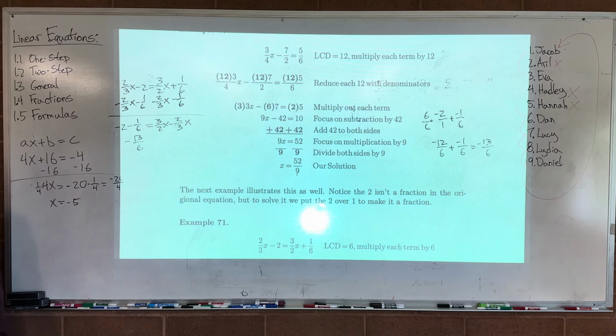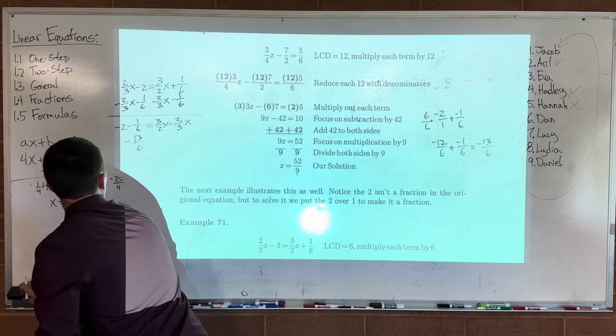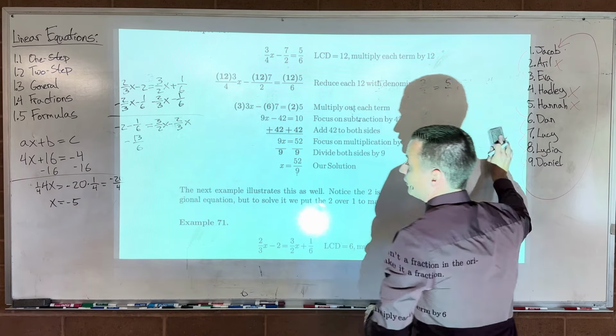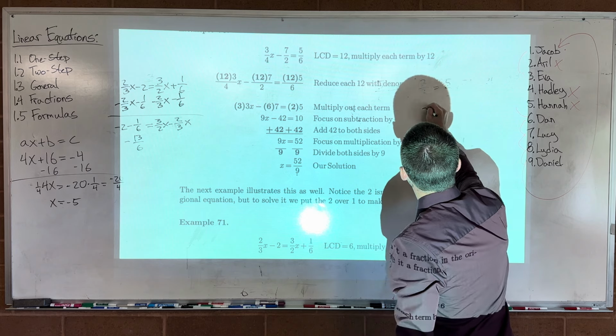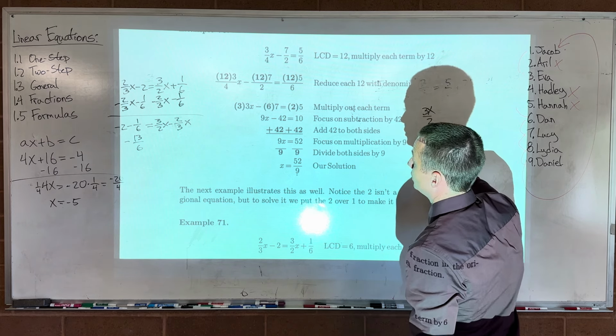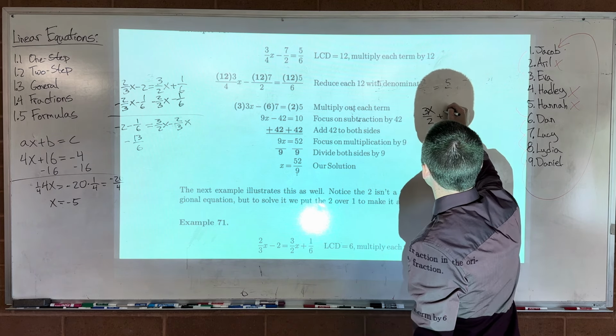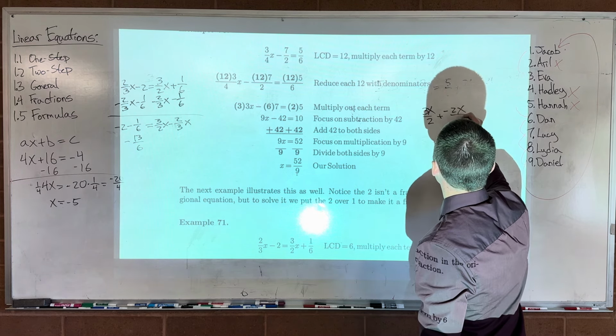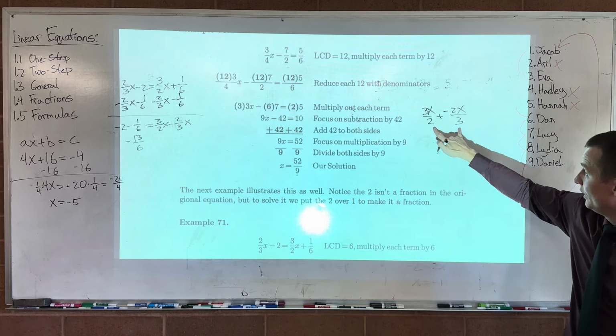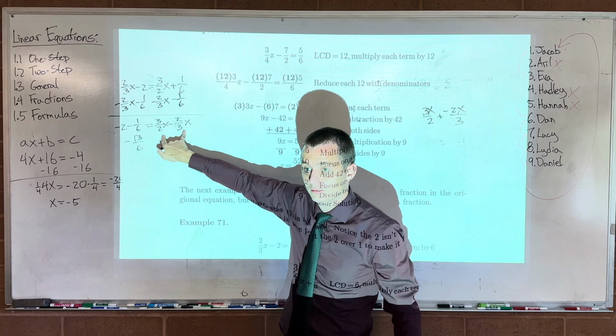It's just like 5x subtract 4x. So we're just going to put the x's in the numerator. This is no different from just looking at 3x over 2 plus negative 2x over 3. This is the exact same as this.